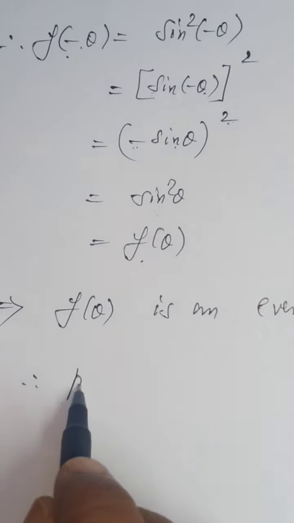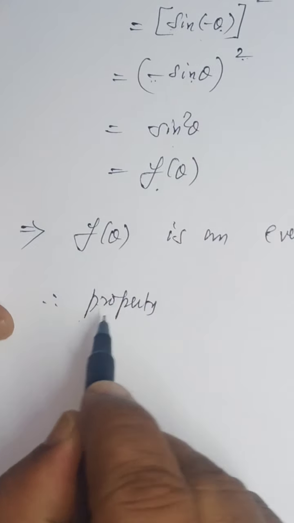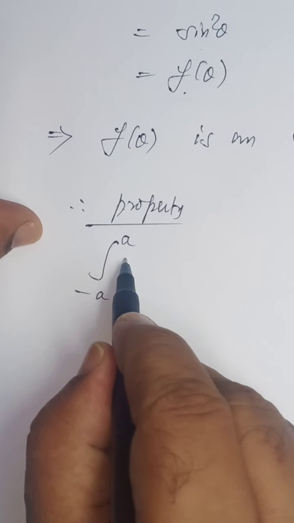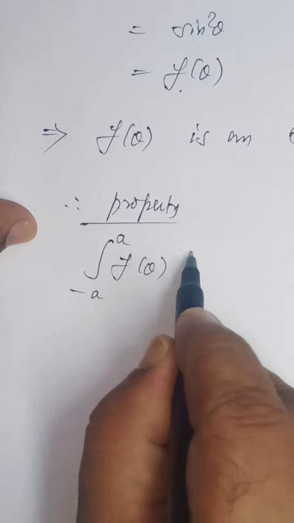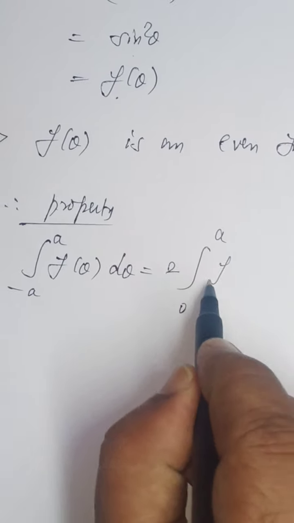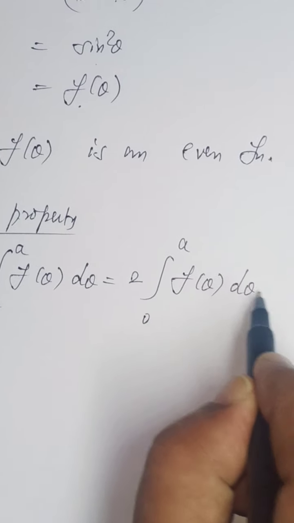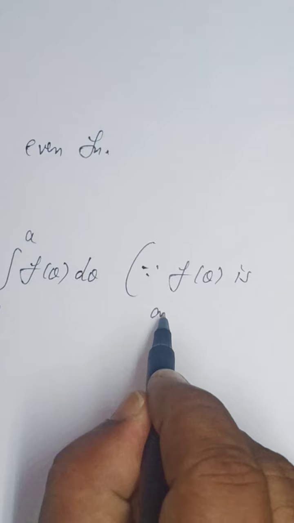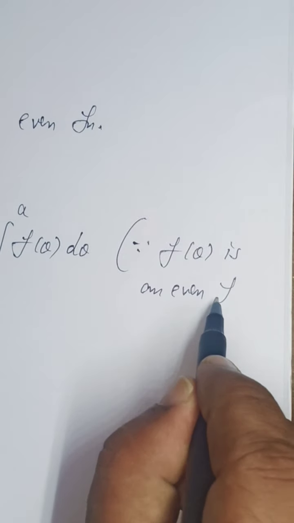Therefore, what is the property? Integral from minus a to plus a of f of theta d theta equals 2 times integral from 0 to a of f of theta d theta, since f of theta is an even function.